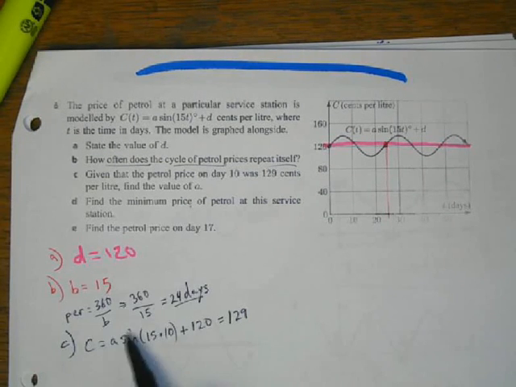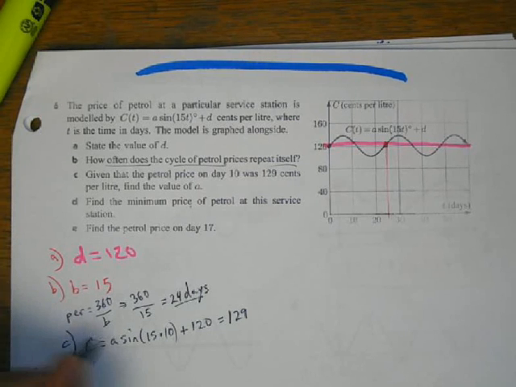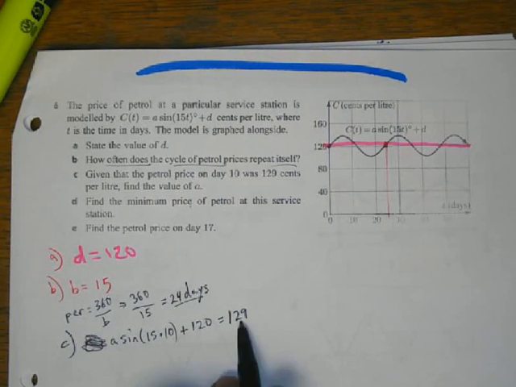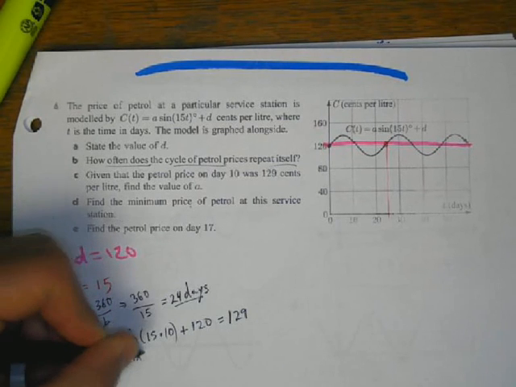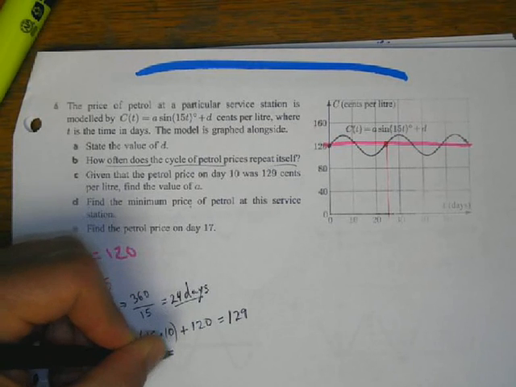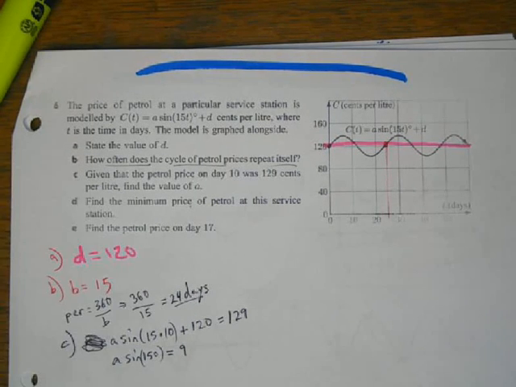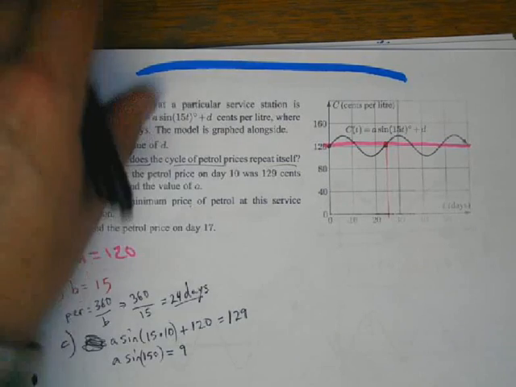Okay, so to solve this, let's just get rid of this to make it easier to see. I could subtract 120 on both sides. I get A sine 150 equals 9, because I subtracted 120 on both sides.